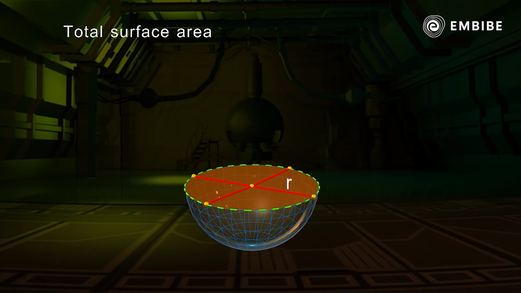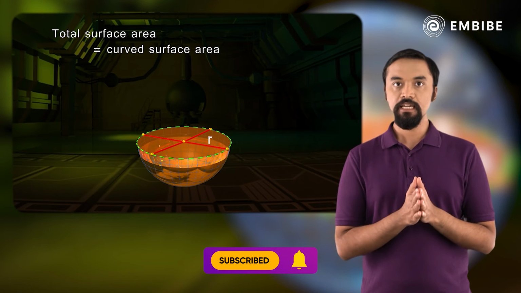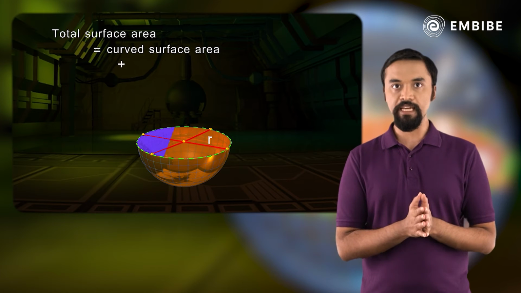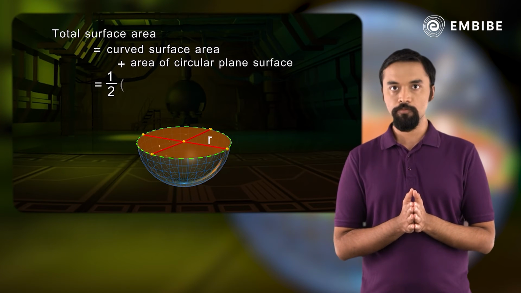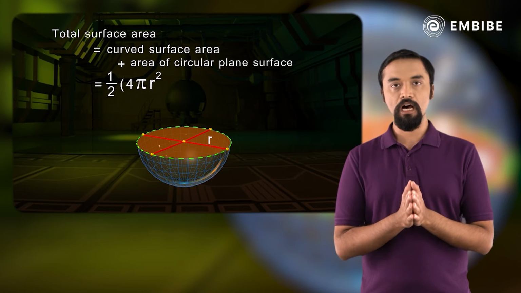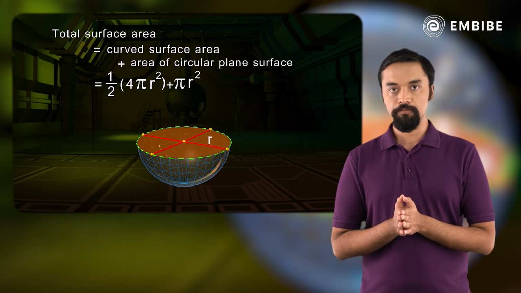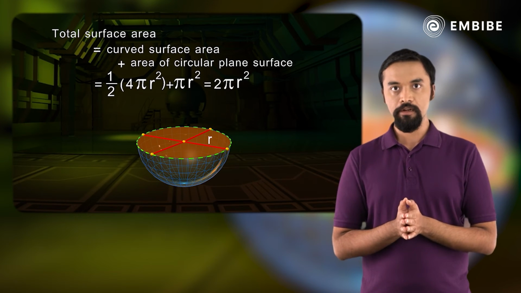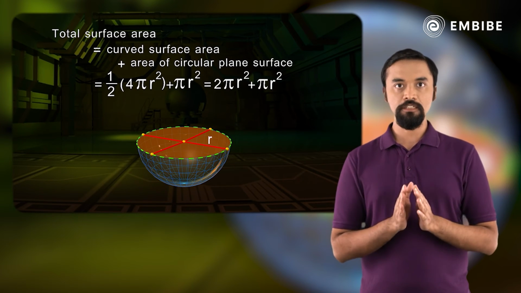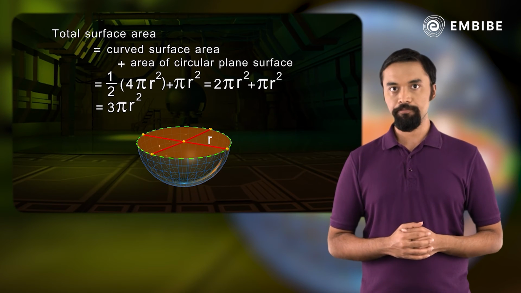Therefore, total surface area is equal to curved surface area plus area of circular plane surface, which is 1 upon 2 into 4 pi r square plus pi r square, equal to 2 pi r square plus pi r square, equal to 3 pi r square.